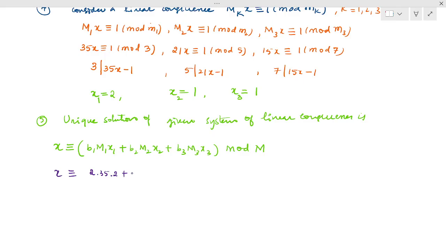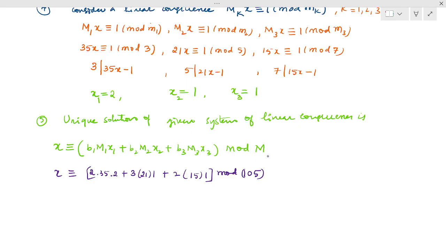B2 value is 3. M2 value is 21. X2 value is 1. B3 value is 2. Capital M3 value is 15. And this x3 value is 1. Okay. This is mod capital M. Capital M value is 105.